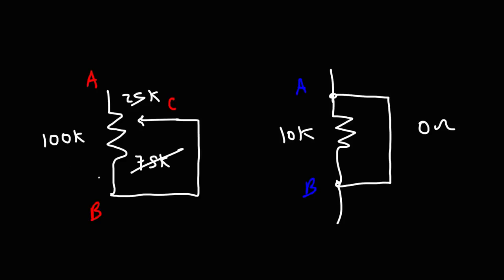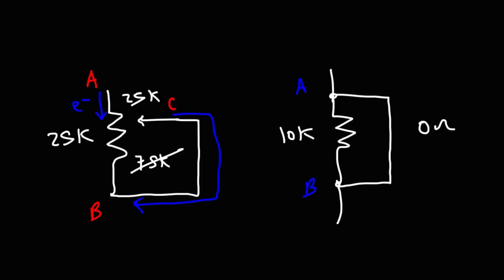The resistance between A and B is no longer going to be 100 kilo ohms, because 75 kilo ohms out of that 100 kilo ohms will be wiped out. So it's only going to be 25K. The electrons will flow through 25 kilo ohms of resistance. After that, they're not going to flow through the other 75K. They're going to go through this conductor to get to point B.